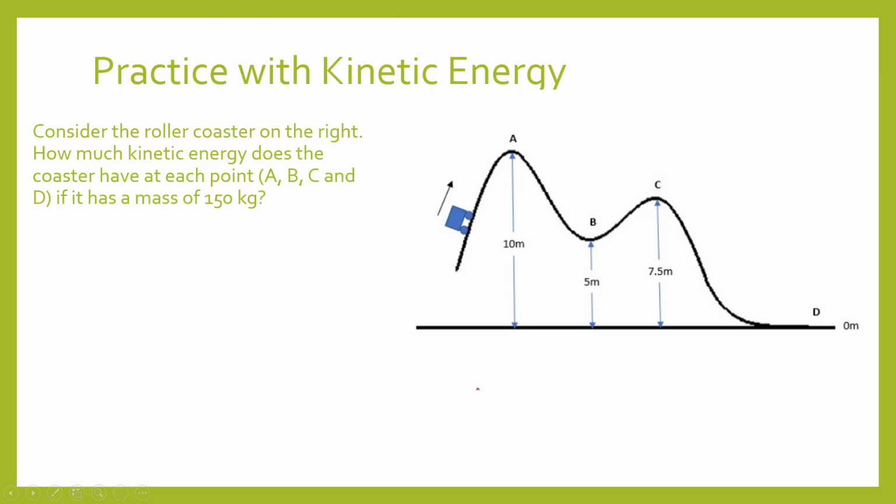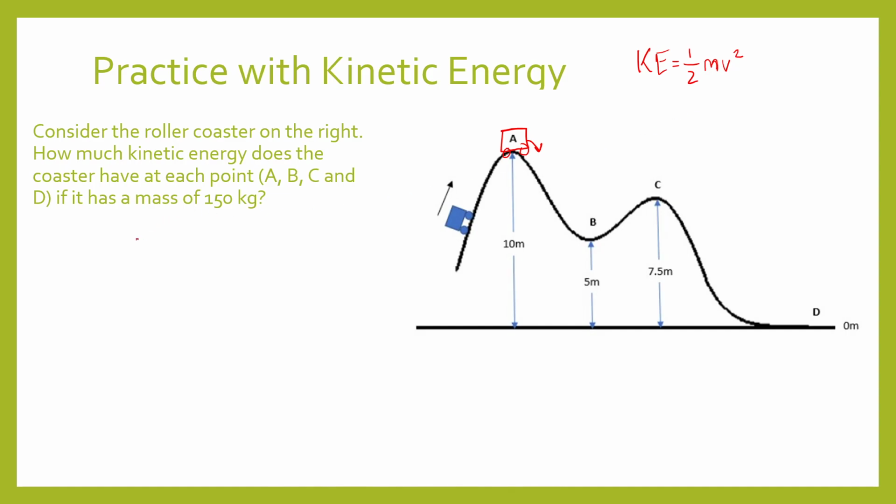So now we're going to go back to that roller coaster we looked at, and we're going to look at the kinetic energy. In the roller coaster, we're going to assume it starts right up here, and it's not moving. So right before it falls, we want to know how much kinetic energy. Remember, the equation for kinetic energy is equal to 1/2 the mass times the velocity squared.